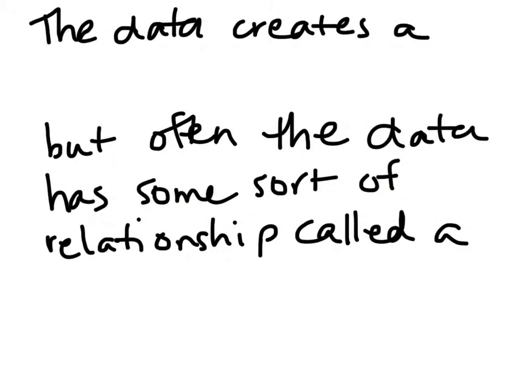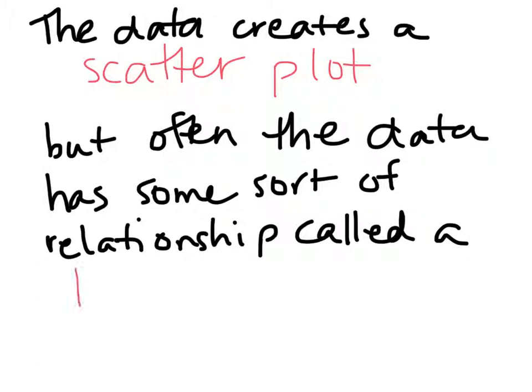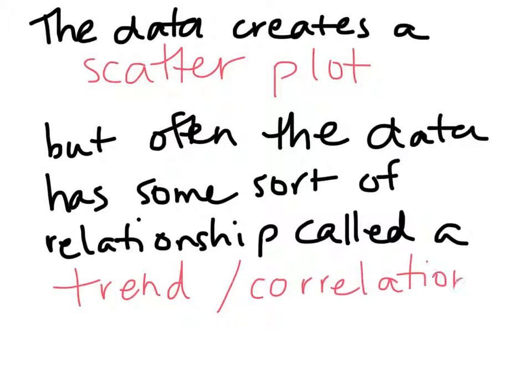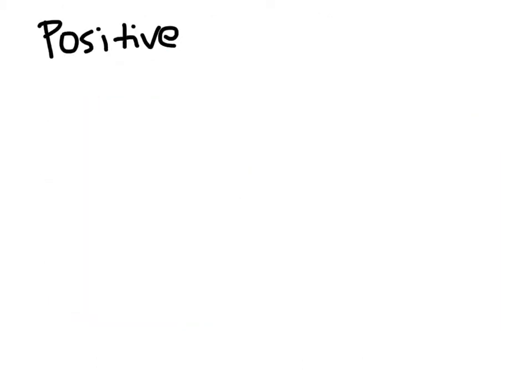But the data does create what we just talked about, a scatter plot. And often that data has some sort of a relationship called a trend, or sometimes we also call it a correlation. You may have heard those two words before, but it's some sort of a relationship between the data, even if it doesn't create an exact straight line.